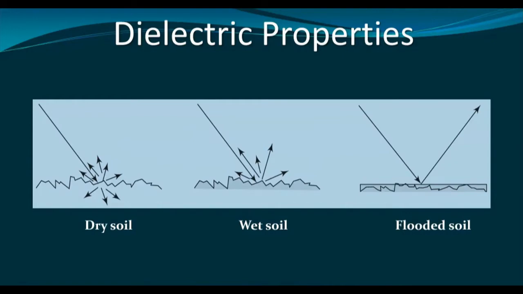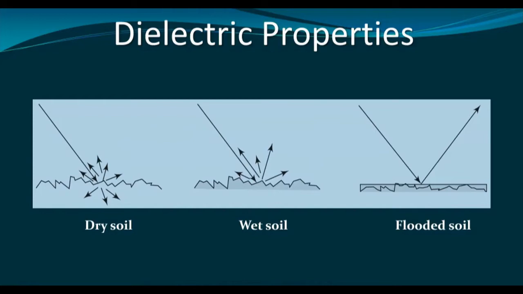That means some amount of energy will be transmitted through the dry soil. However, in case of wet soil, it does not allow the energy to pass through the soil. Therefore, the entire energy will be reflected.